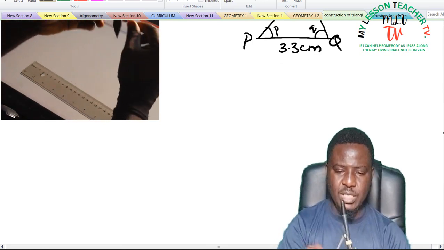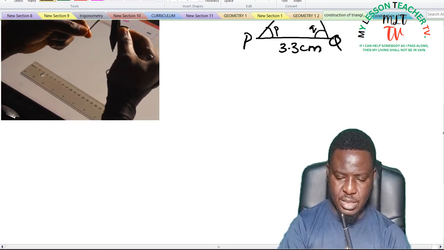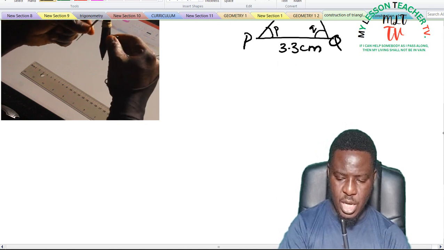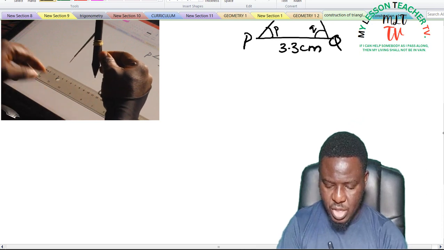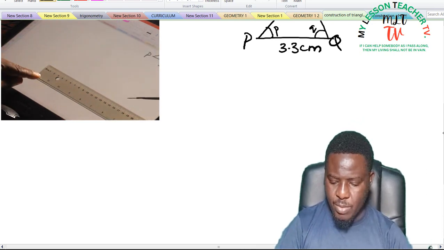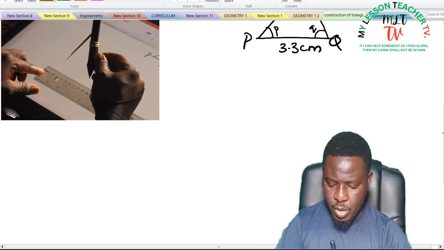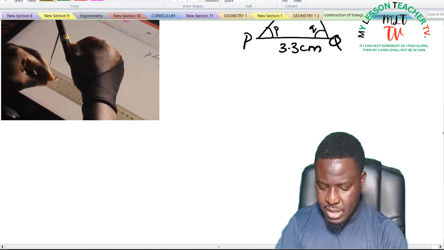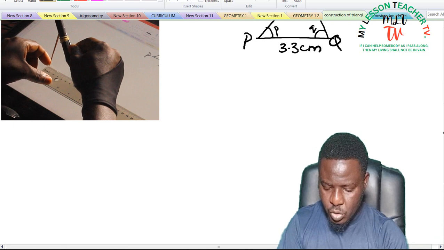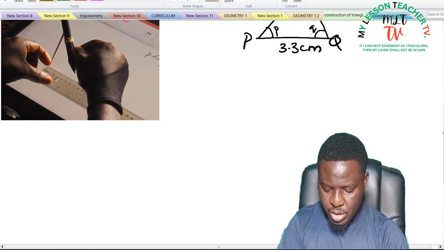With this as my compass, this is the sharp edge, while this is the pencil edge. I'm going to ensure that this sharp edge is on mark 0. This is also my centimeter rule. So if I'm going to use 0, then I'll extend the other leg to about 3.3 as said in the question.